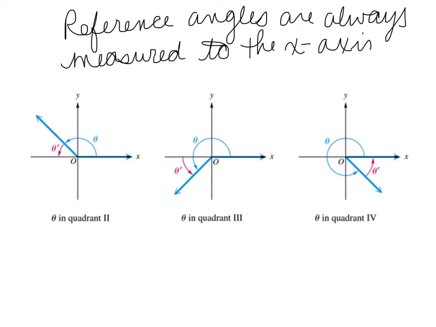So here's an example. If theta is 120 degrees, the reference angle is from this terminal side down to 180. So I would take 180 degrees minus 120, and my reference angle would be 60 degrees.